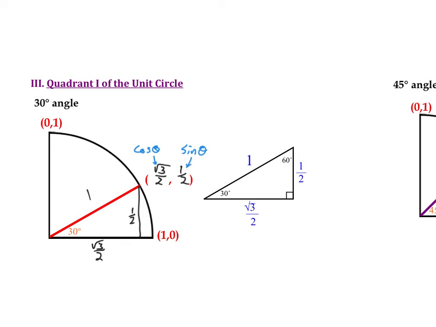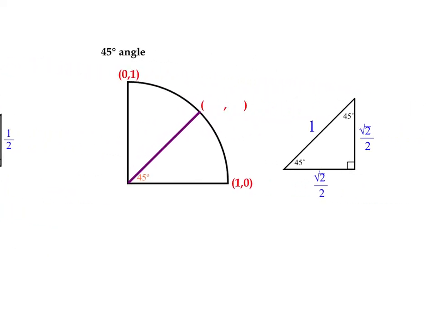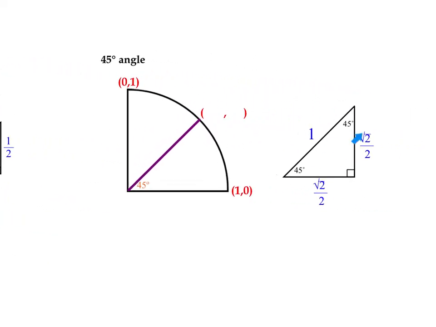If we do that same thing with our 45-degree angle, here's our special pattern in which the hypotenuse is 1. If I were to sketch that triangle in here, always go down to the x-axis, never the y. My x value would be rad 2 over 2.